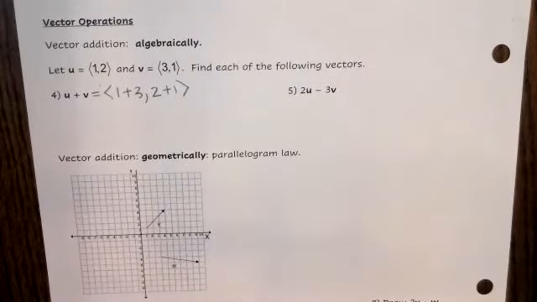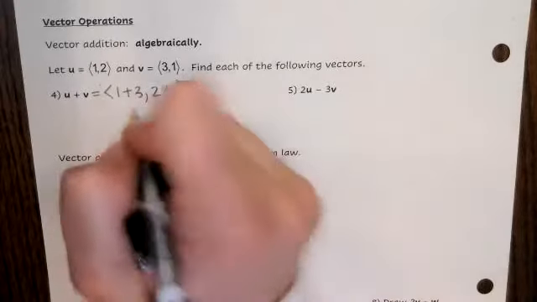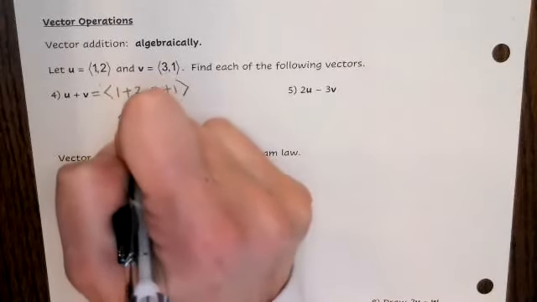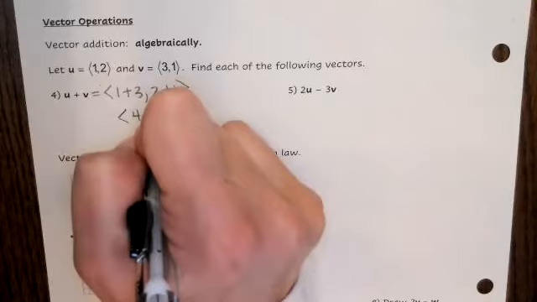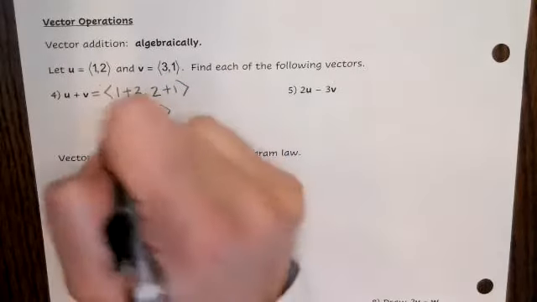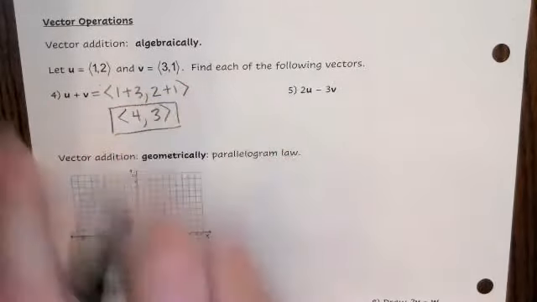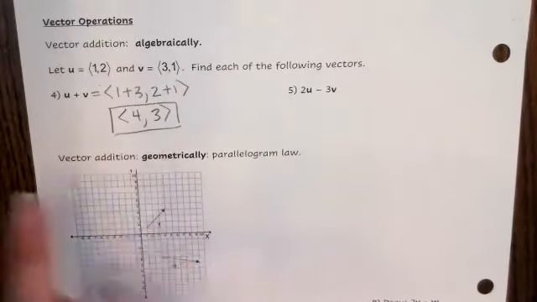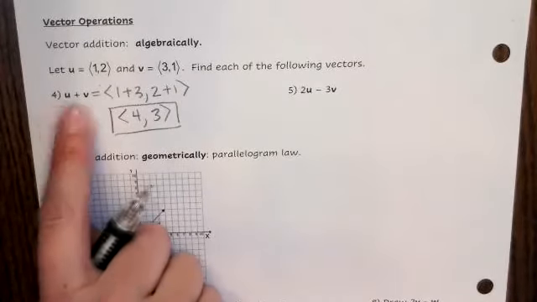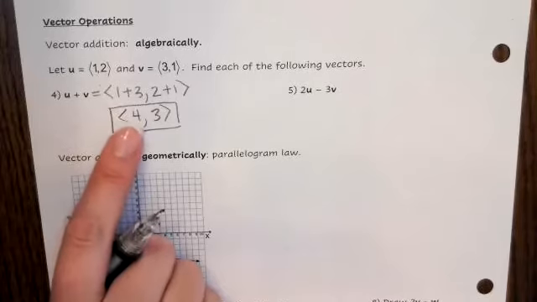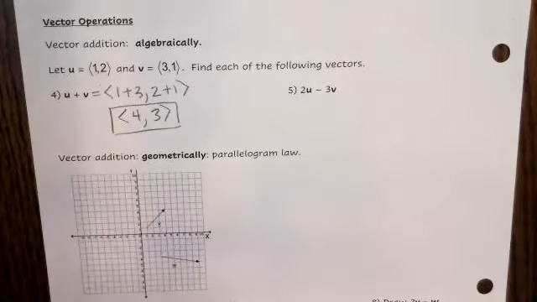So I've added the horizontals and the vertical. Again, that's easy math. 1 plus 3 is 4, and 2 plus 1 is 3. So our component form here is <4, 3>. This would be our new vector. So we added vector u plus vector v to get this new one. That gives us the component form <4, 3>.